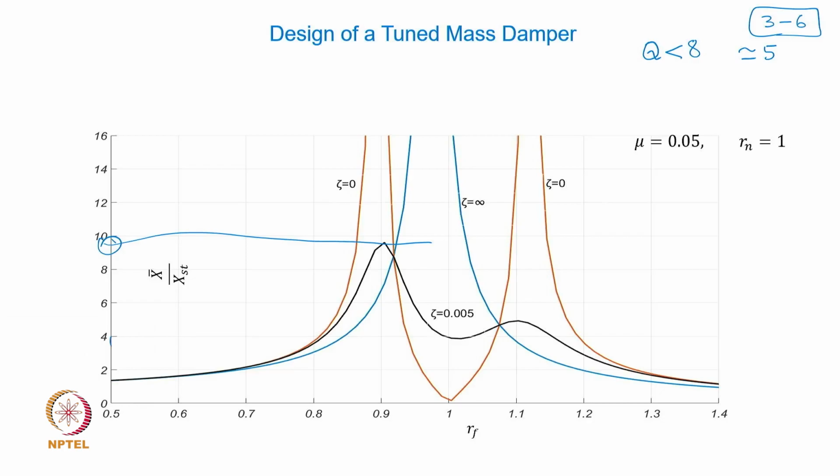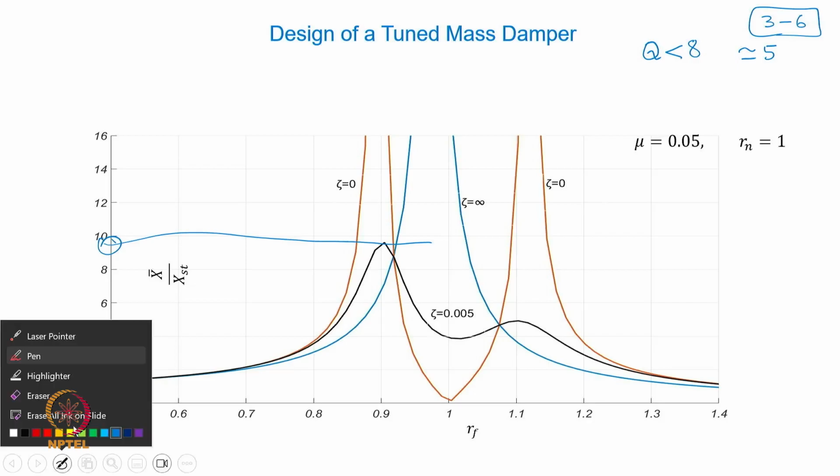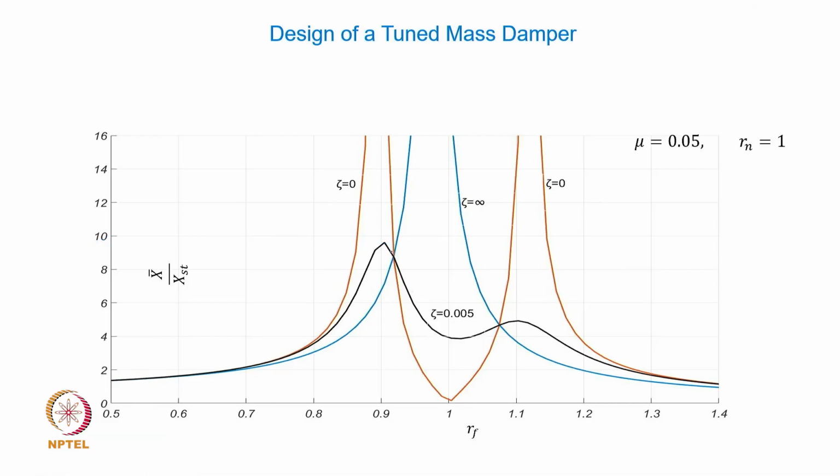Okay, so in that sense, tuned mass damper is going to be a nice design to be implemented for containing vibrations. The only issue here is that for different levels of damping, you should be aware that sometimes this graph can really become steep, and maybe this will become like that.